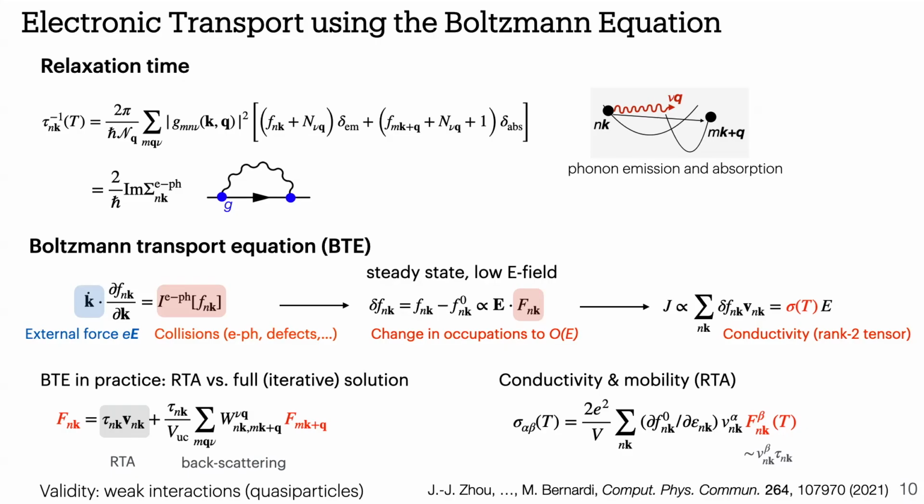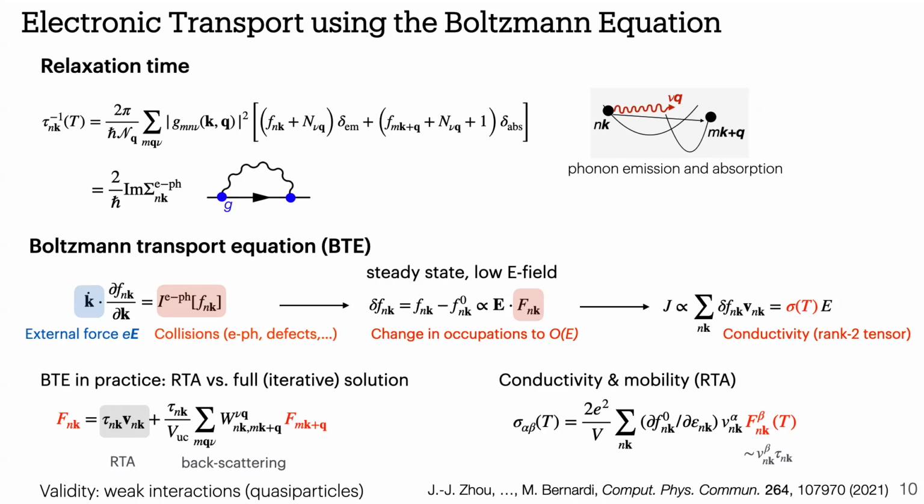Now, for transport, you're interested in a steady state where, for example, you applied an electric field and the electron distribution changes. So at steady state, the Boltzmann equation relates the change in the electronic distribution by virtue of applying an external force.